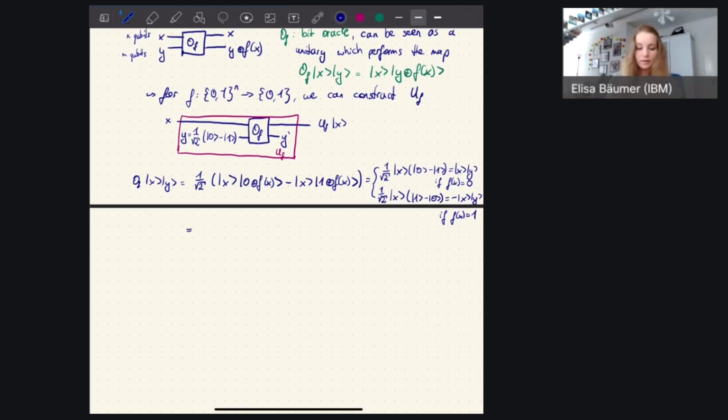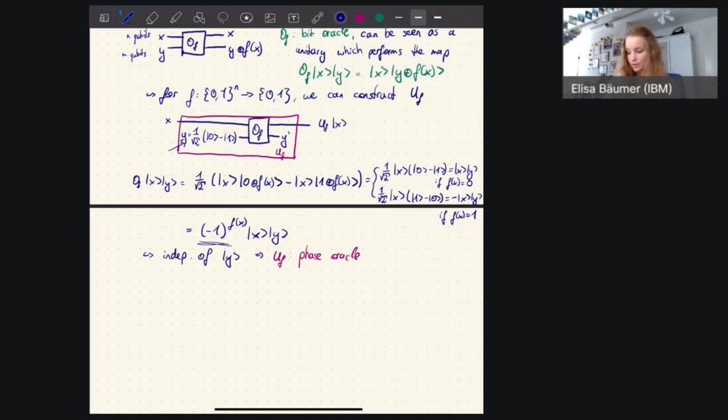So in total, we can write what OF applied to x and y does as minus 1 to the power f of x times y. And that whole thing is actually independent of y, which is why we call this qubit y here an ancilla qubit. So UF is what we call a phase oracle, because it just adds a phase.